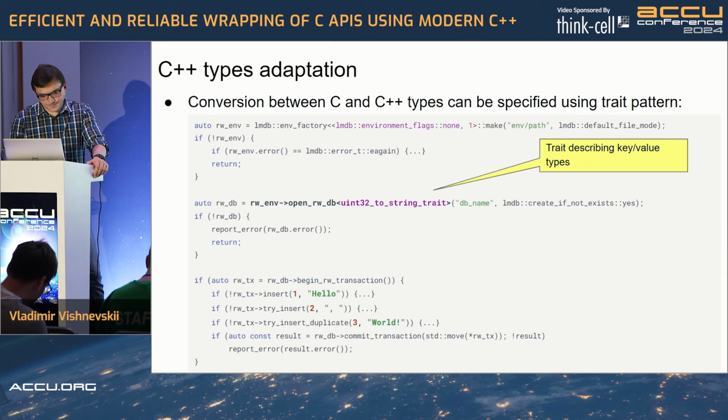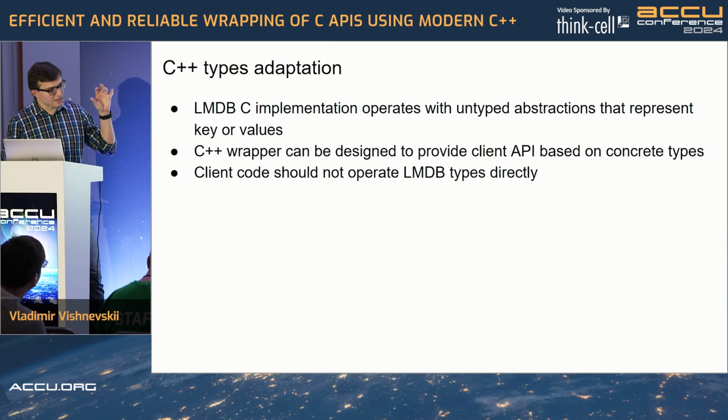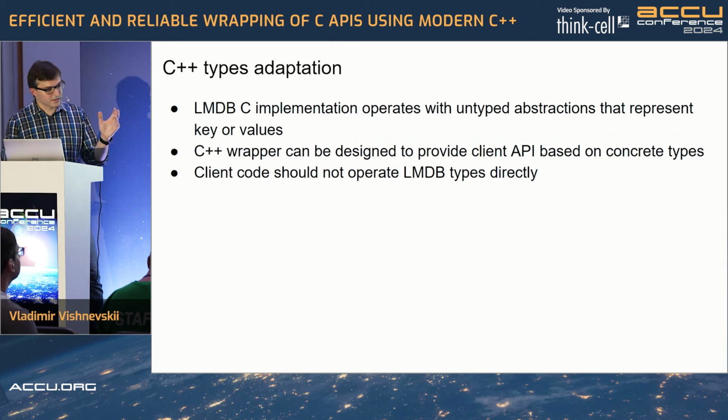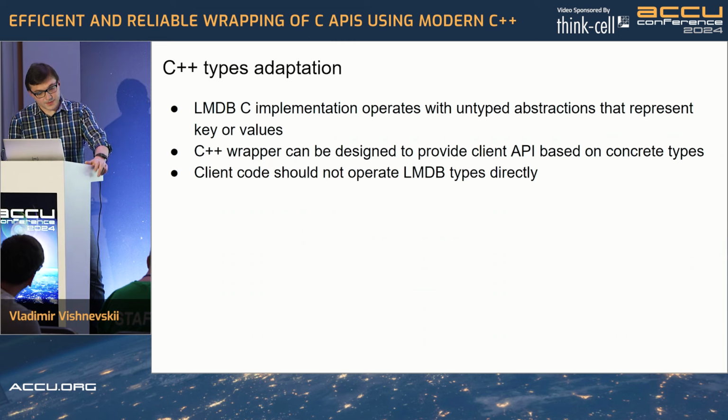So in our example, the LMDB API works with some untyped abstractions. Yes, so we saw that there is a void pointer and the size that are used to specify arbitrary data, and we need to provide the client API that is based on some concrete types.